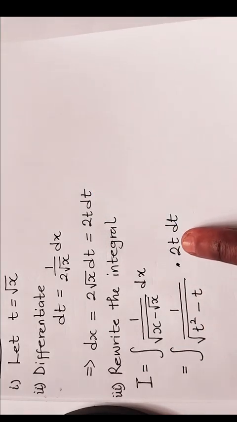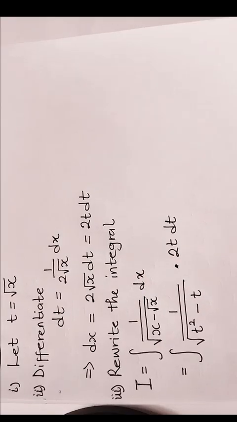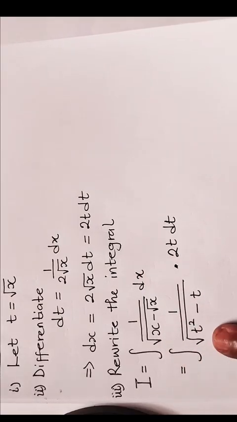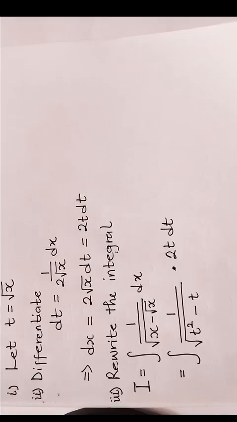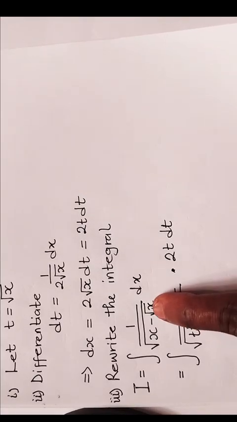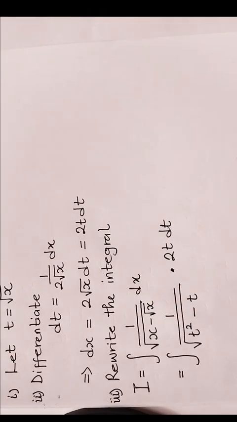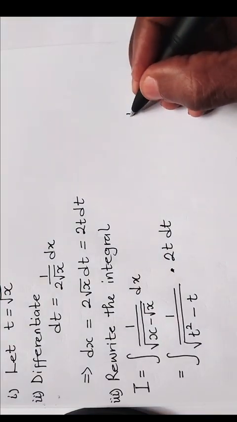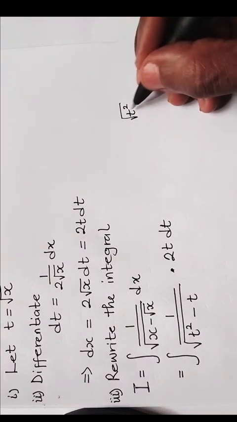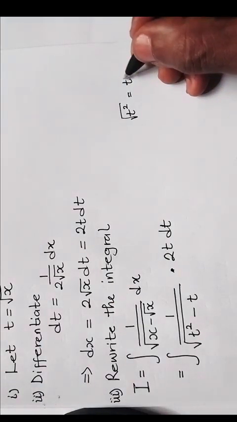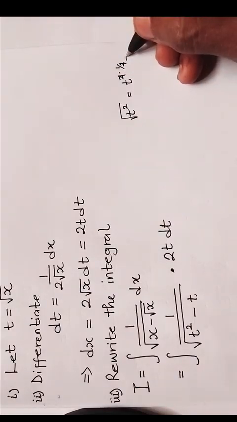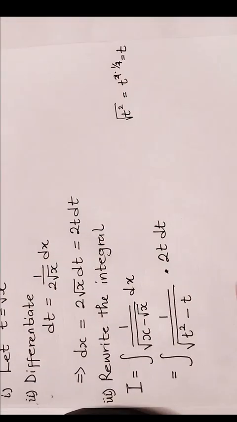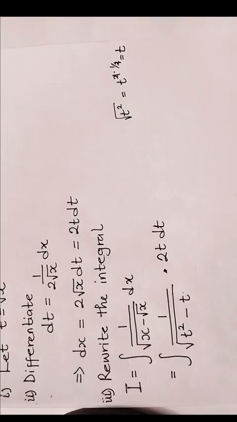Wherever we see x, we put t squared, and the square root of t squared is the same thing as t. If you have t squared raised to 1 over 2, the square root cancels the square, to give us t. That is why we write this as t squared minus t.